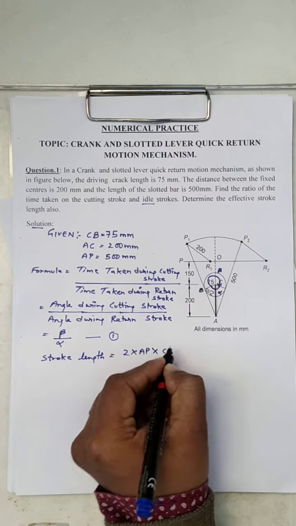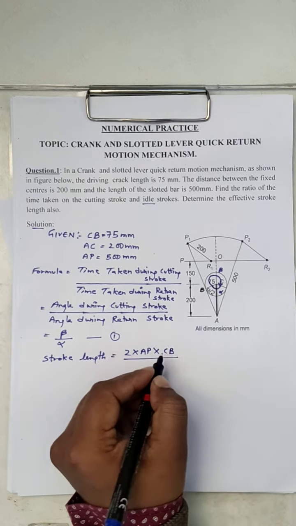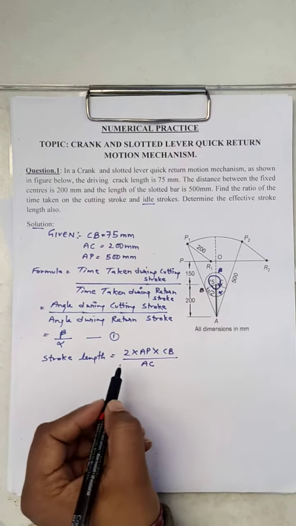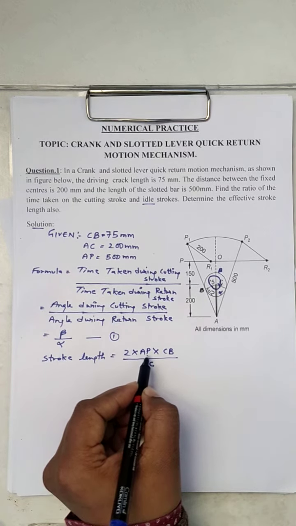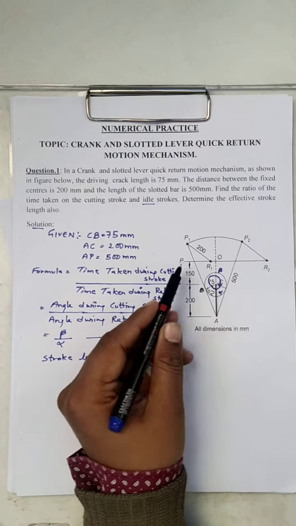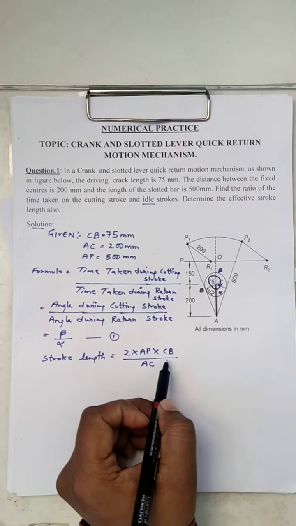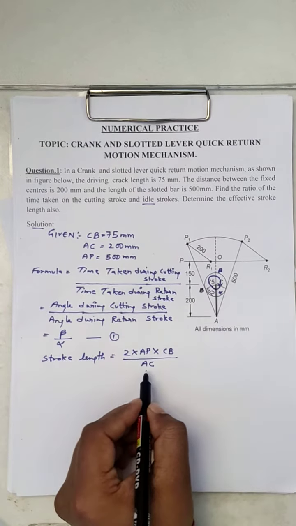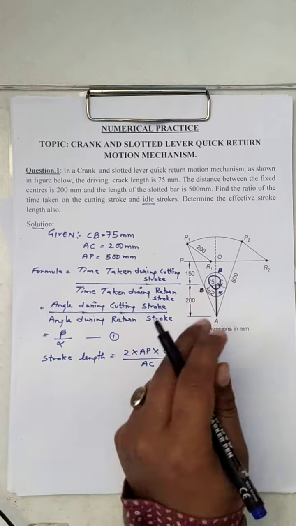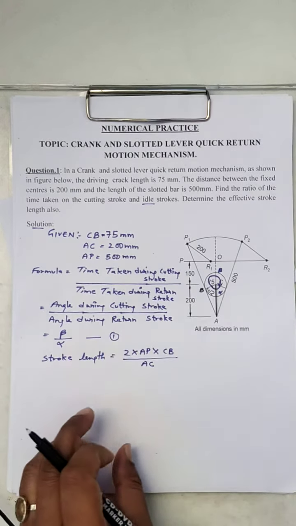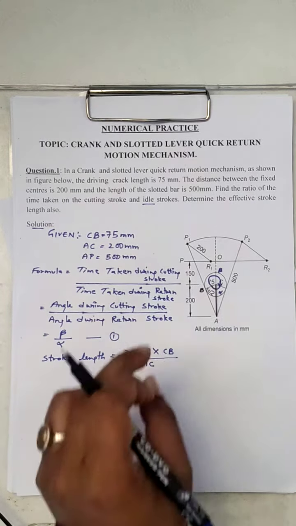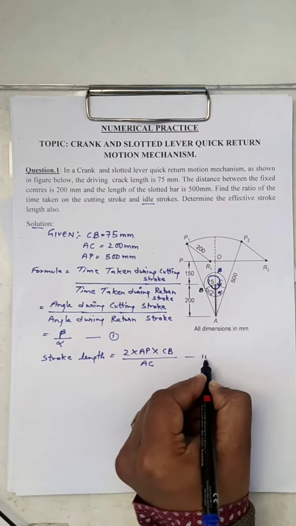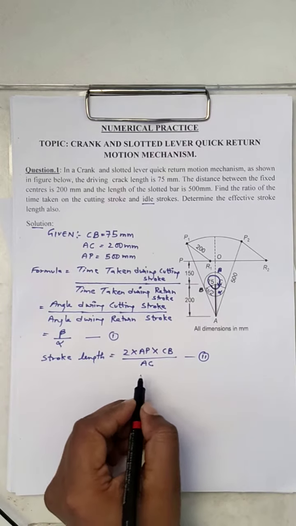into CB upon AC, where AP is the length of slotted bar which is given to us, CB, that is the crank length, is also given to us, and AC, that is the length of the fixed centers, is given to us. So for stroke length we are given with everything. Let it be equation 2. So first we will solve this only.